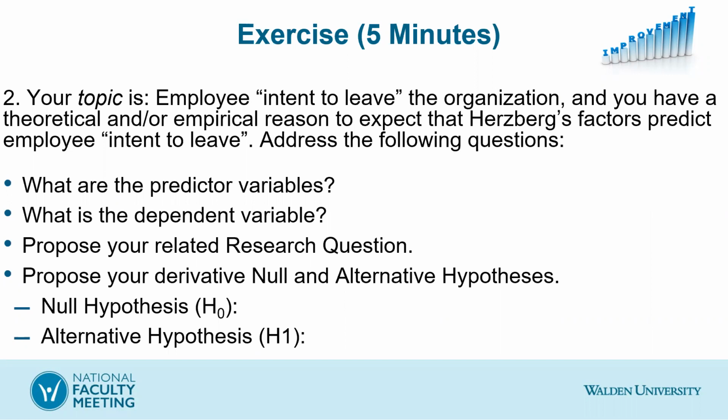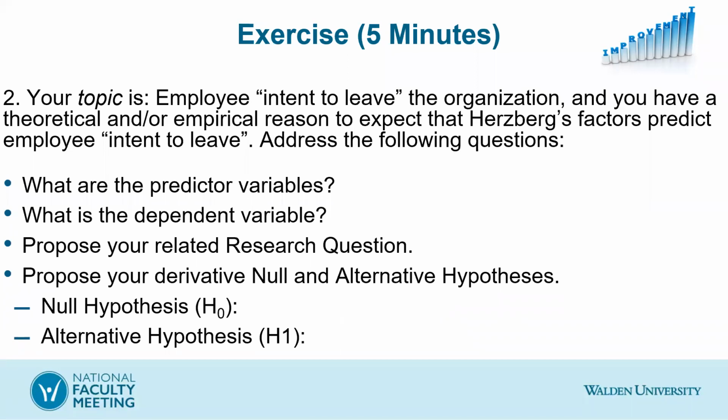But I used 3: recognition of one's achievement, opportunities to do something meaningful, and work conditions. Those were the 3 independent, the predicted variables that I used from Herzberg two-factor theory. As I said before, intent to leave is the problem.